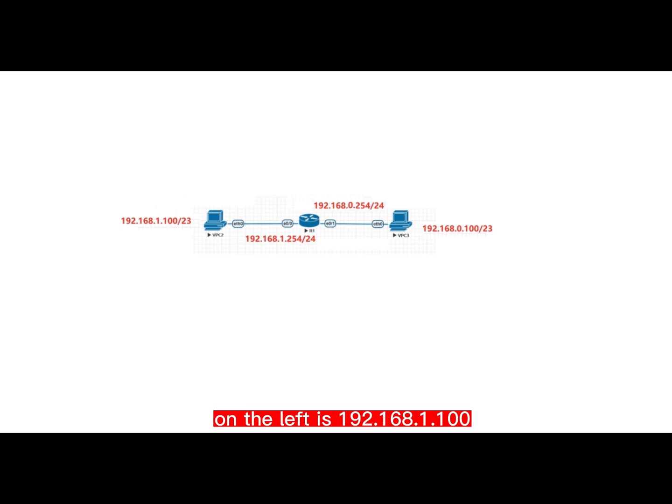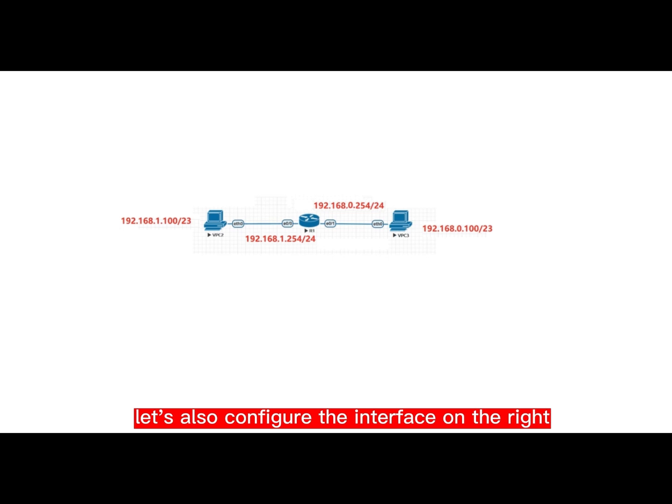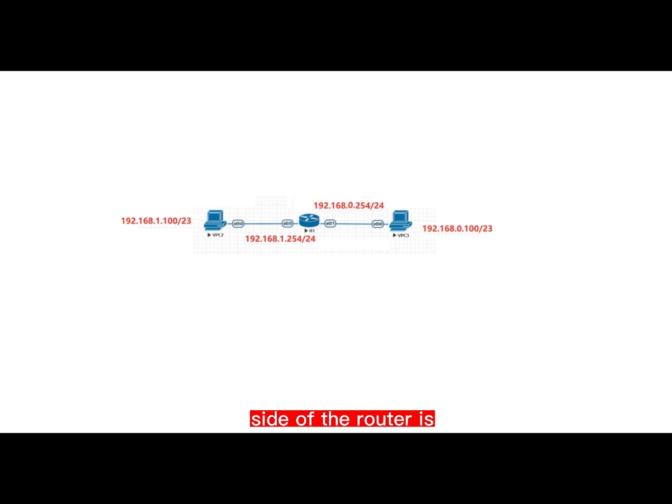On the left is 192.168.1.100. On the right is 192.168.0.100. Let's also configure the interface on the right. Suppose the interface on the right side of the router is 192.168.0.254, and the interface on the left is 192.168.1.254.